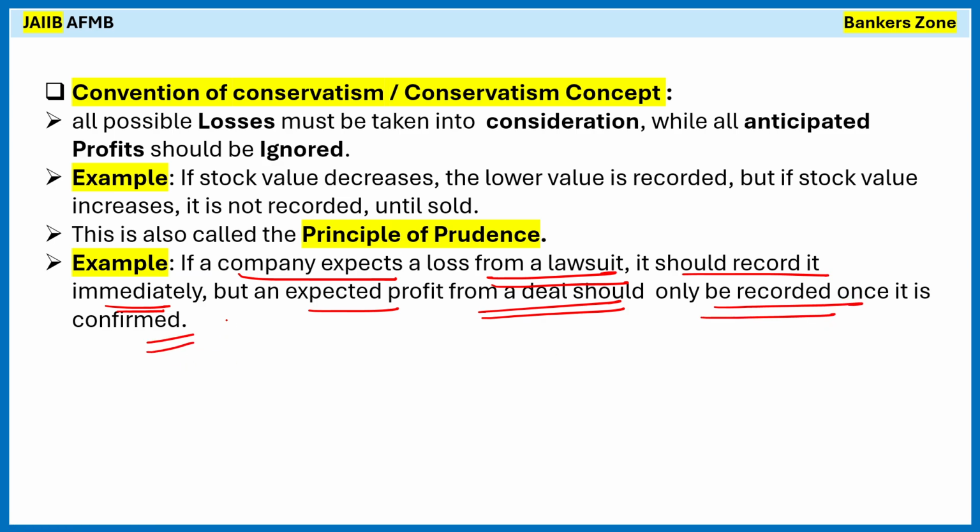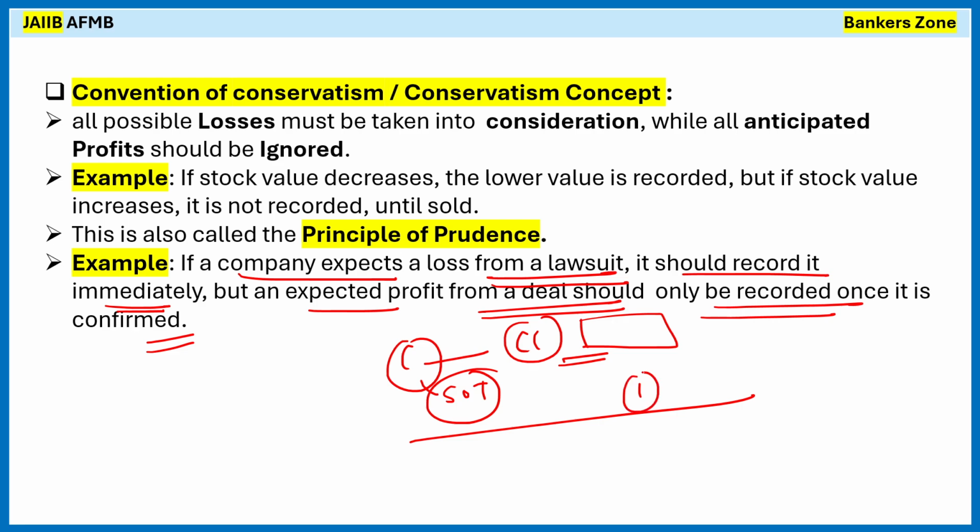What do you mean by it? See, if you are a company and a court case is going on against your company, right? And for that purpose you have kept aside 50,000 rupees. But in one case, the court is very favorable to you and the decision comes in your favor, and the court says you need not deposit a fine of 50,000 rupees.